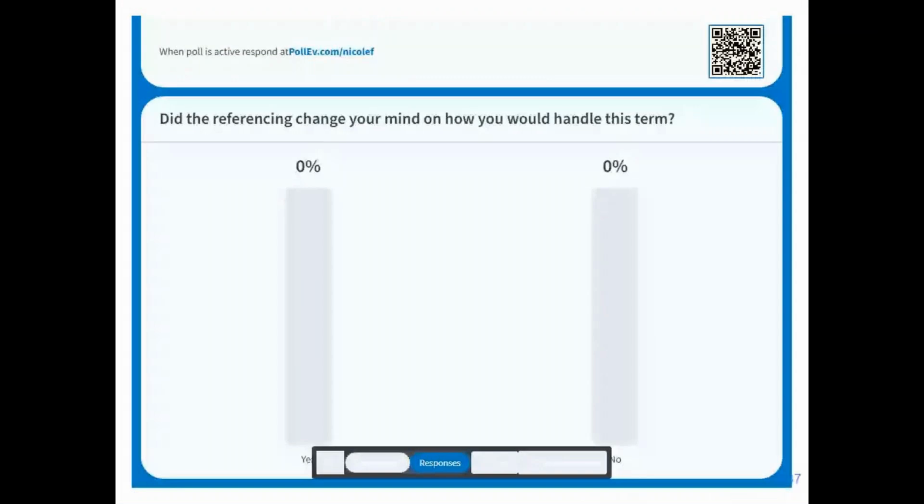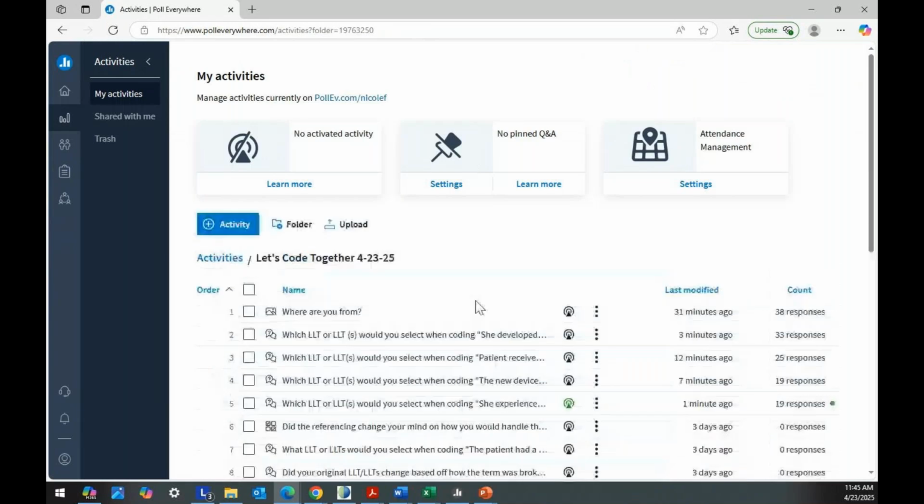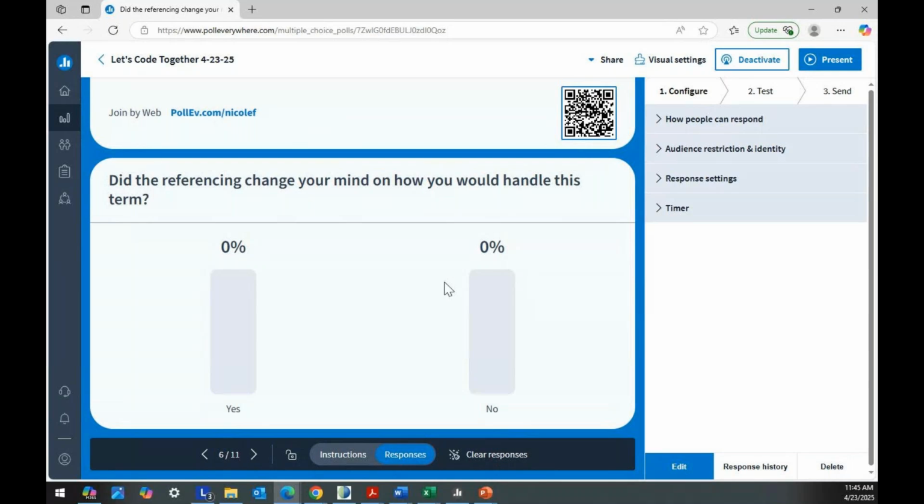So now I'm going to open up a second poll to see, after we referenced the grapefruit juice, or the grapefruit and medication, did the referencing change your mind on how you would handle this term? Yes or no? So let's see. Some people already had a piece of the information available with food interaction or adverse reaction to food, etc. Okay, so 80% already realized that maybe that piece would have an effect on how things would be coded, right?